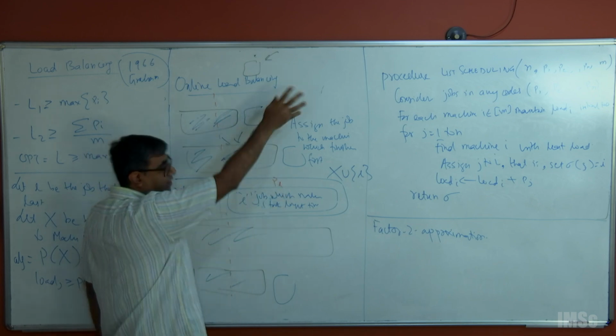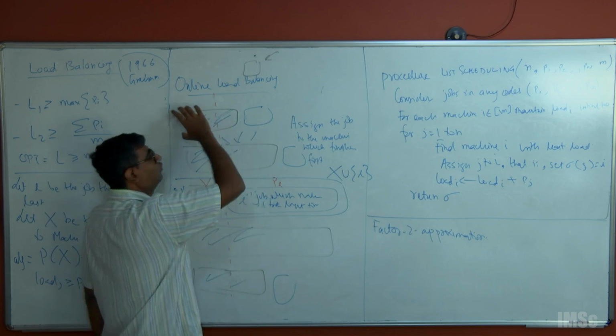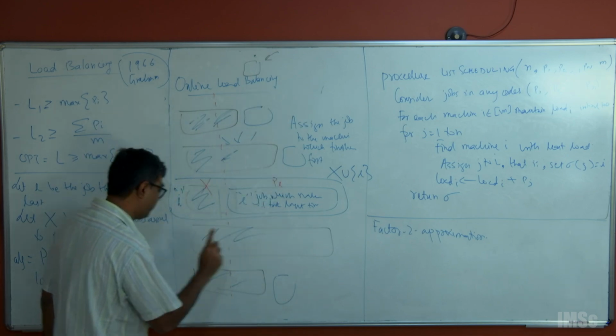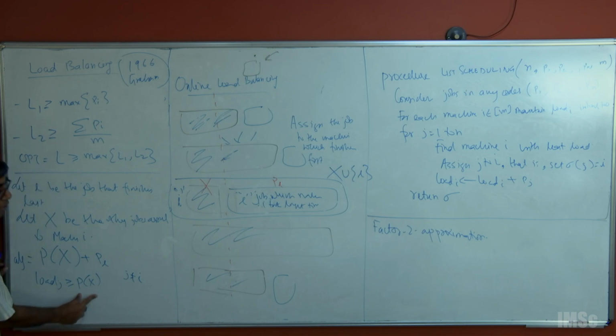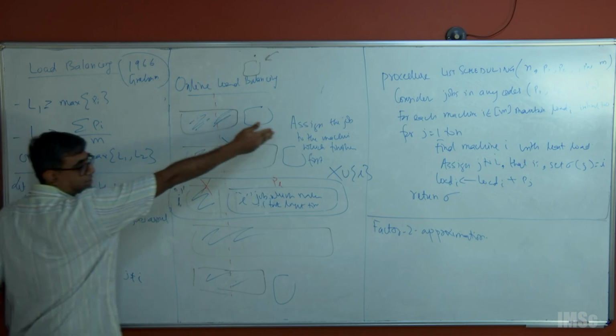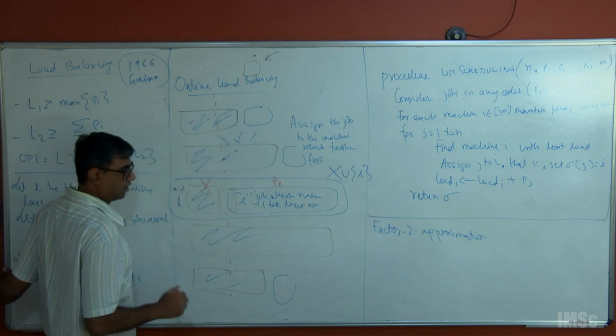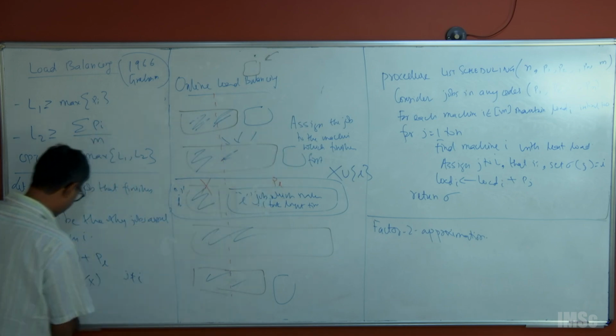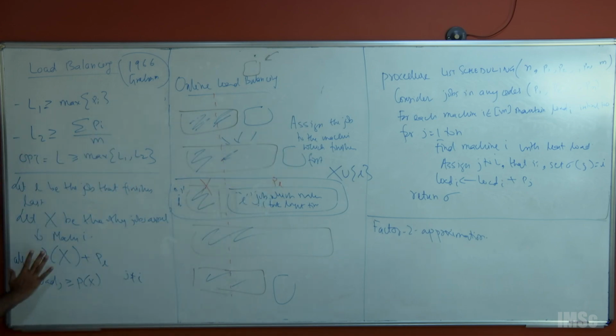Later maybe some more items can be added. So at the end, whatever the load of other machines may be, it is definitely more than P of X, otherwise we would have assigned that item there. Of course, if it is equal, you can assign it arbitrarily, but that's perfectly fine because I'm only writing greater than or equal to. That's all that I need. Okay, so then we are done.